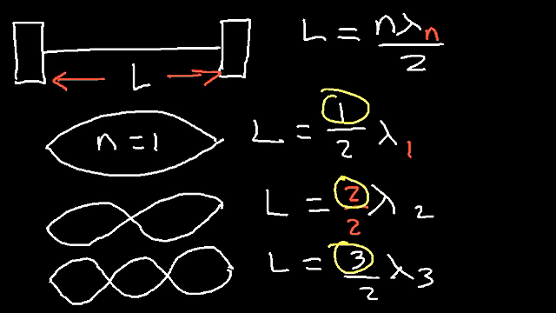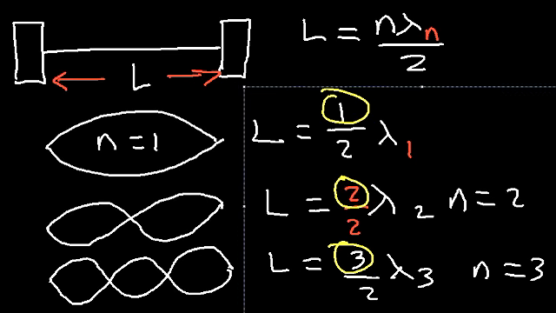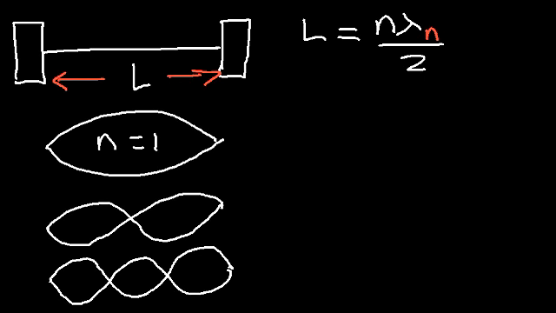So it corresponds to the number of loops, which n represents. Now, if we solve for not L, but lambda, we're going to get this equation. If we multiply both sides by 2, it's going to be 2L. And if we divide by n, 2L over n is equal to lambda n. So this is another equation that you want to use whenever you have the length of the string and you want to find the wavelength.